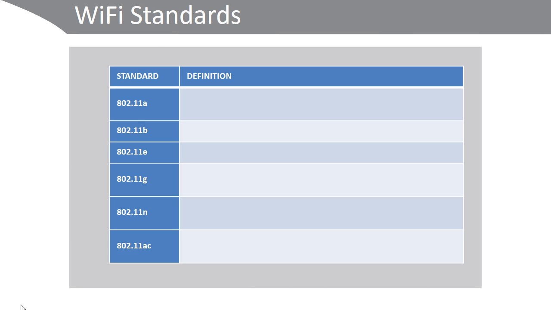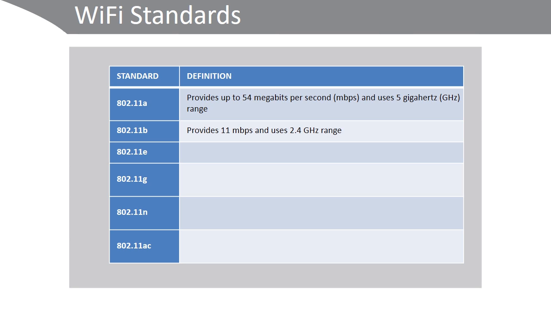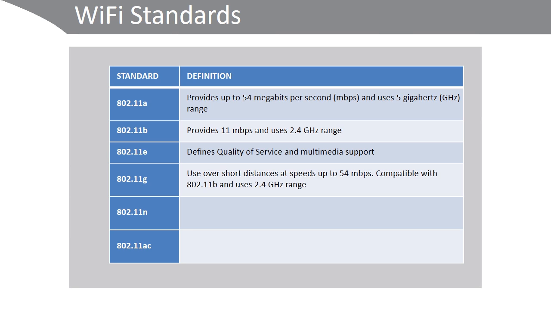When you configure a wireless network, there are a number of Wi-Fi standards. 802.11a provides up to 54 megabits per second and uses the 5 GHz range. 802.11b provides 11 megabits and uses the 2.4 GHz range. 802.11e defines quality of service and provides multimedia support. 802.11g is used over short distances at speeds of up to 54 megabits.